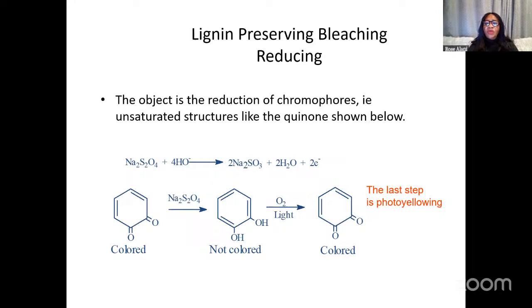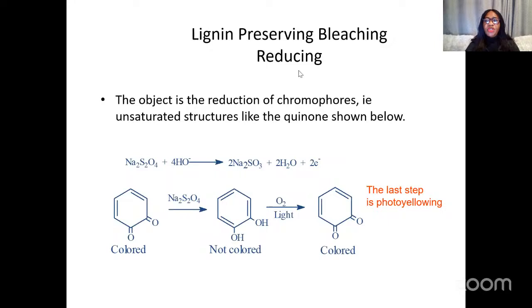That is how you remove the colored material, converting the colored material to the non-colored material.